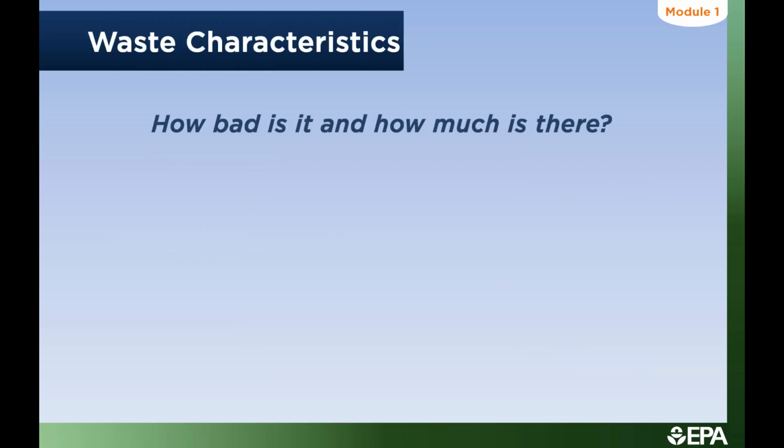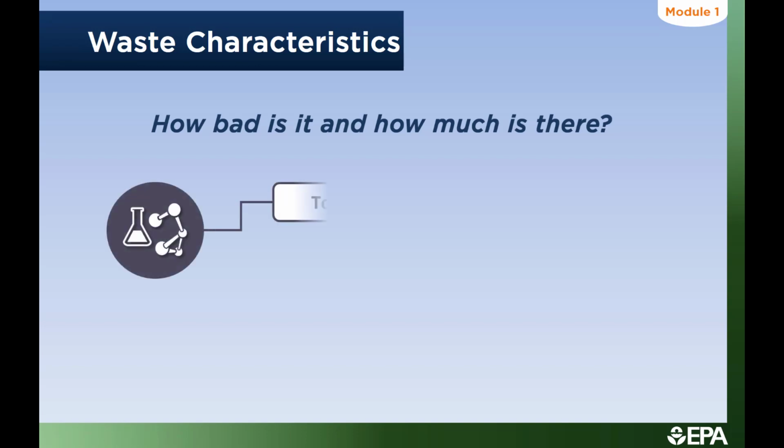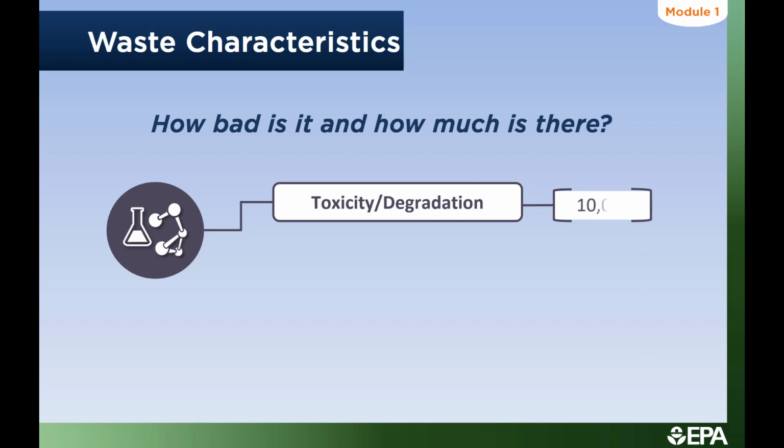The waste characteristics factor category considers the most hazardous substance or substances and the amount of contamination at a site. The factors evaluated include toxicity, degradation, and hazardous waste quantity. The toxicity and degradation factors reflect the toxicity of a hazardous substance and the probability that it will degrade in the subsurface before intruding into a structure.